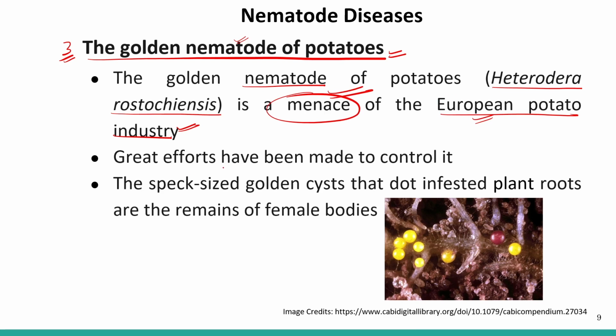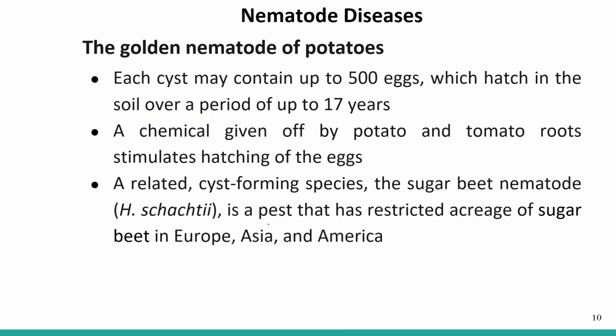Great efforts have been made to control it. The pea-sized golden cyst: here you can see the golden cyst. The dots on infested plant roots are the remains of the female bodies.